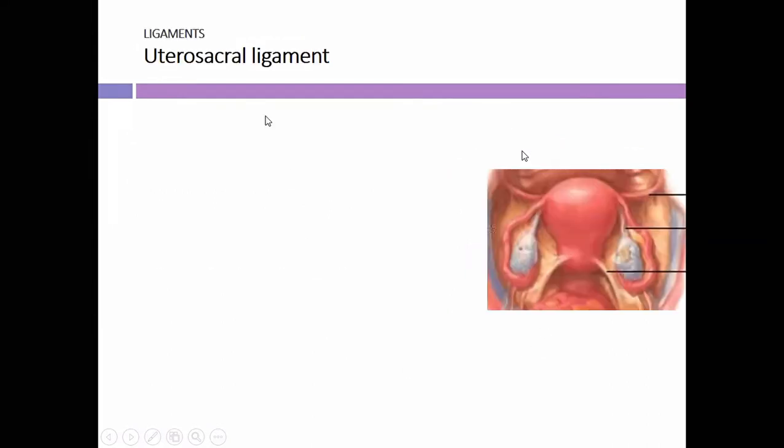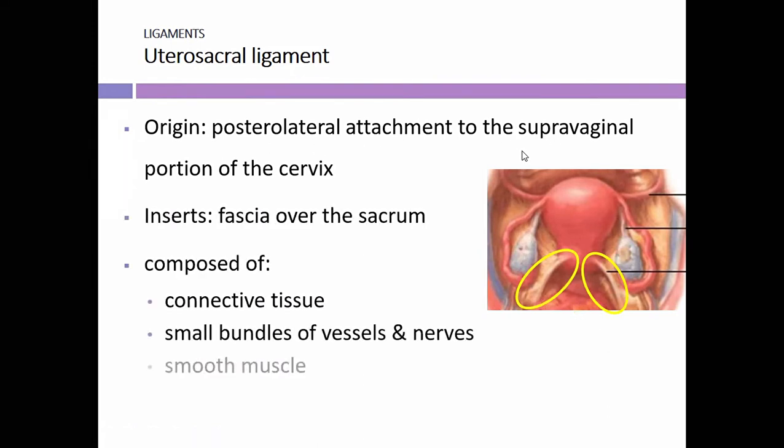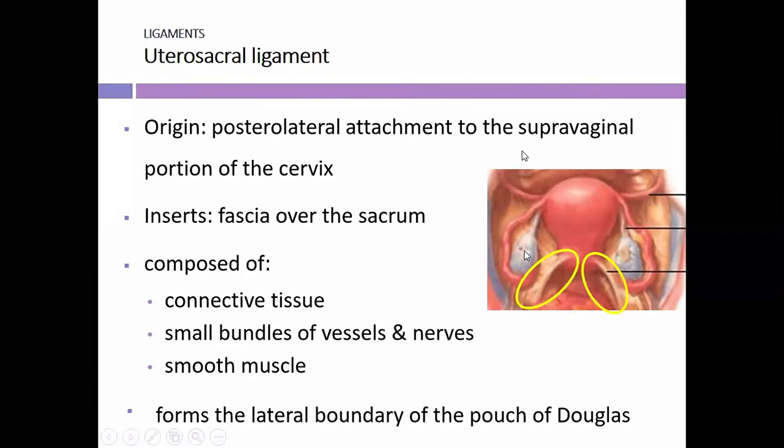So another ligament is the uterosacral ligament. This provides attachment of the uterus towards the posterolateral portion of the pelvis. Now, you are looking here at the uterus from the posterior view, since you can see the ovary.